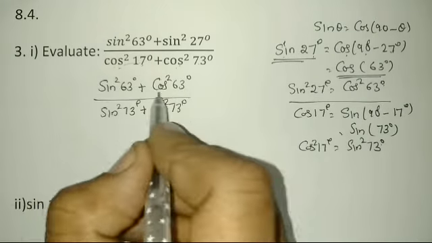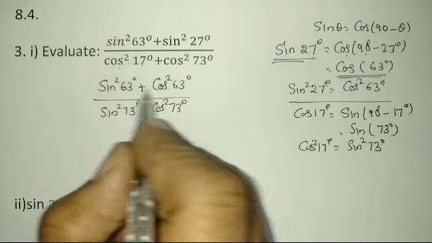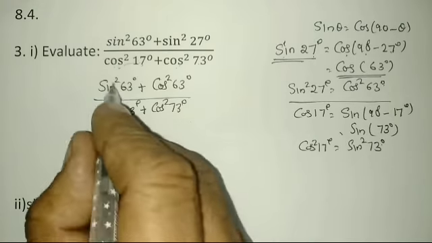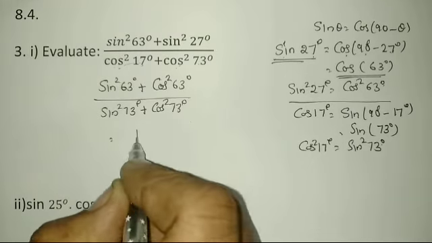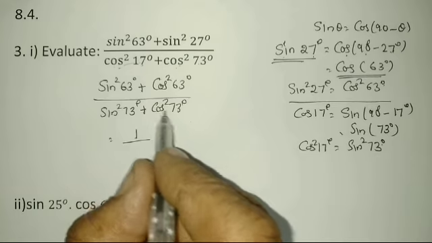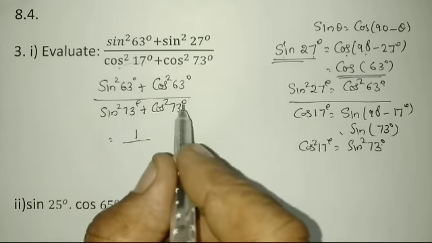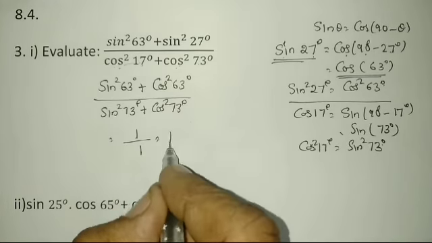So the numerator is in the form of sin square A plus cos square A. But what is sin square A plus cos square A? 1. And the denominator is also in the form of sin square A plus cos square A, that is sin square 73 degrees plus cos square 73 degrees, that is equal to 1. 1 by 1, 1.